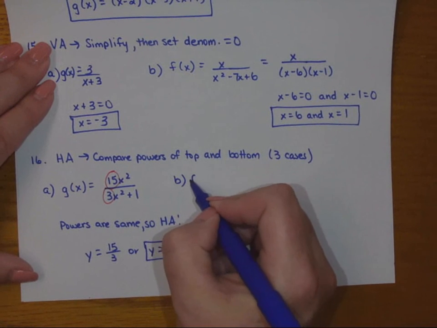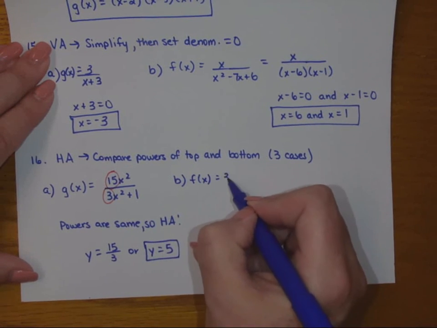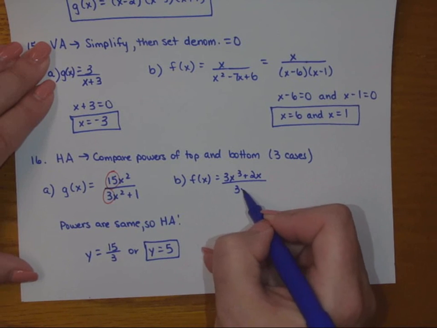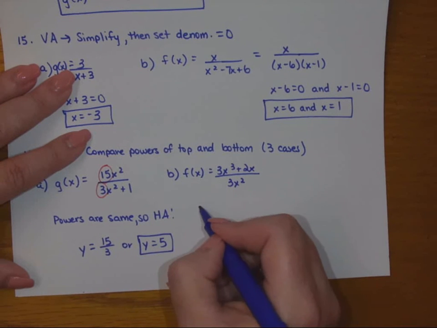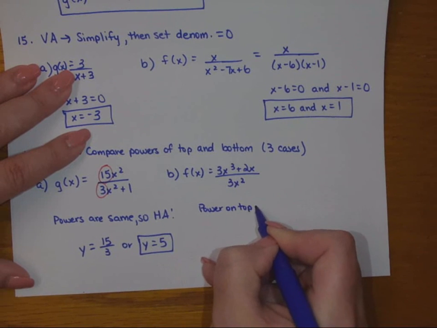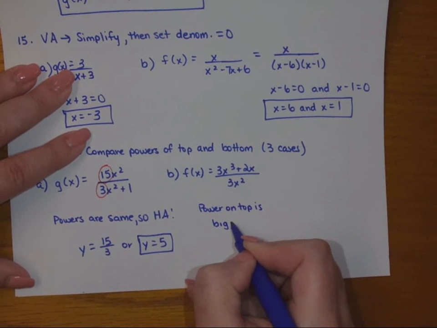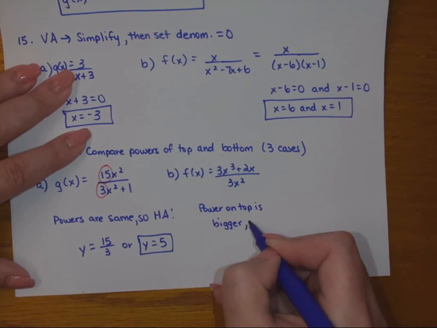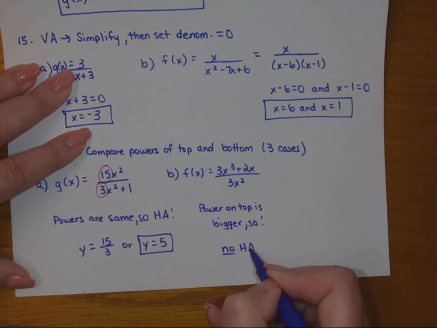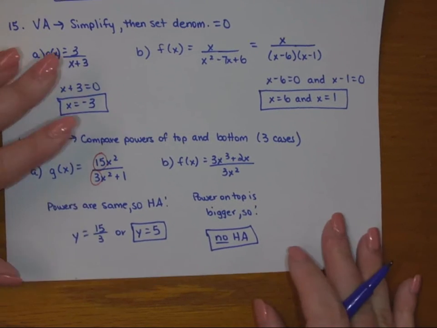For part B, we've got f of x equals 3x cubed plus 2x over 3x squared. So notice the power on top is bigger. So what that means is there's no horizontal asymptote at all. If power on top is anything bigger, there's none.